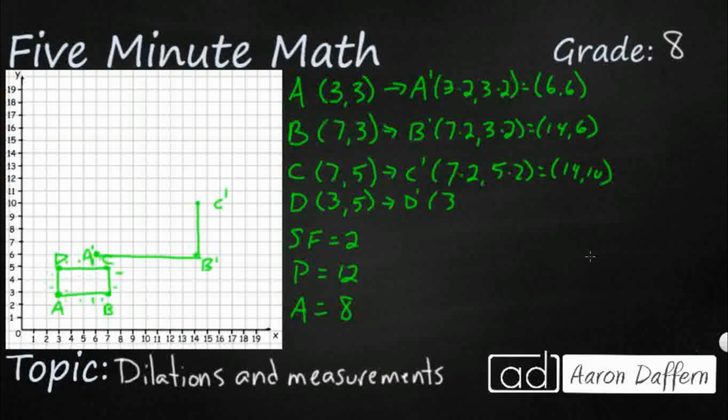And that's going to be 3 times 2, 5 times 2, so that is 6, 10. And yeah, we're going to put that right there. All right, so there's my D prime. Now we have a much larger dilated shape. It's actually on a scale factor of 2.